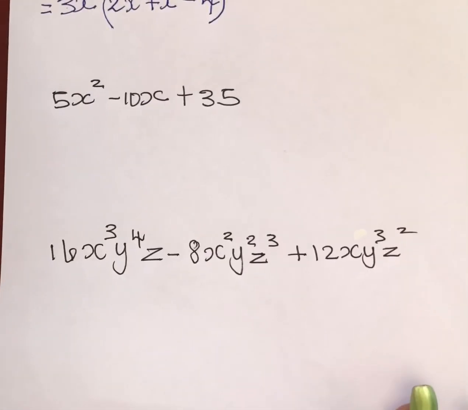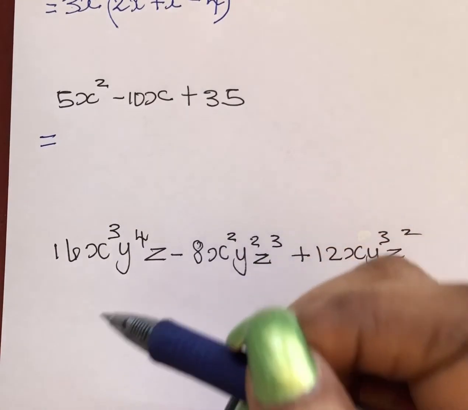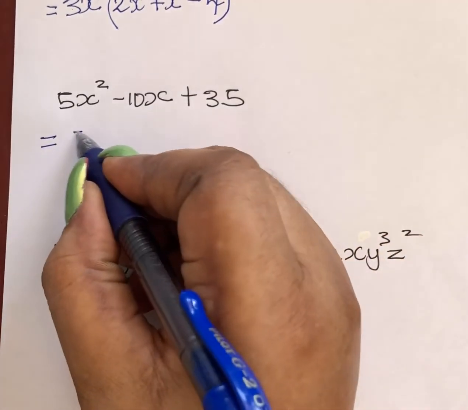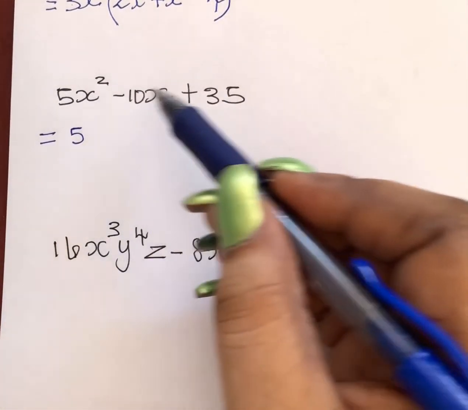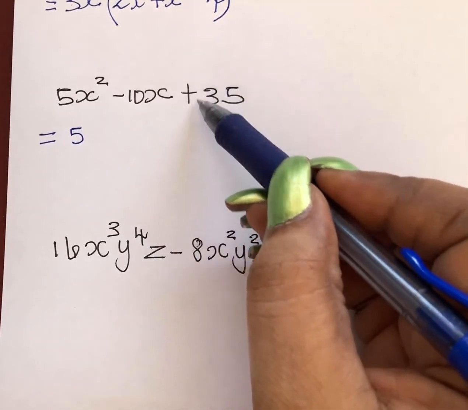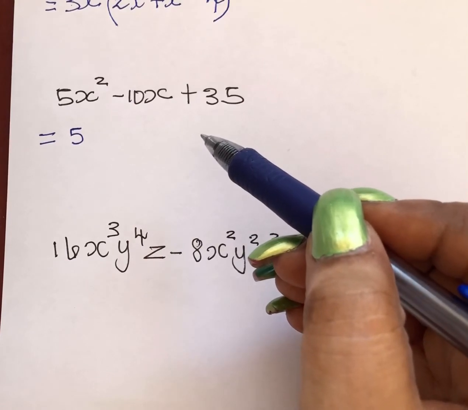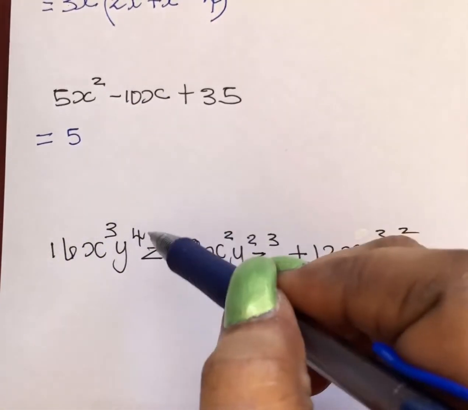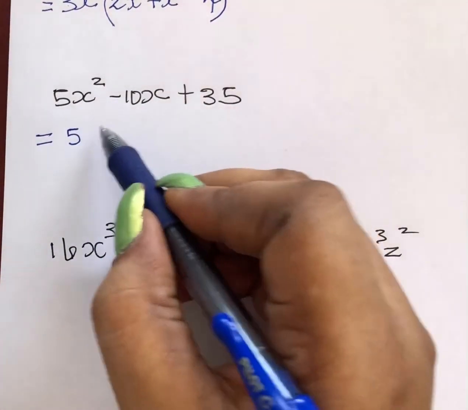Going again. Now we have 5, 10, and 35. We can use 5. Let's look at the variables. We have x squared, x, and we have nothing. We have a constant term instead. So x is not common. If something is common, it has to be throughout, not just for parts of the question. It must be for all parts, not just some parts.